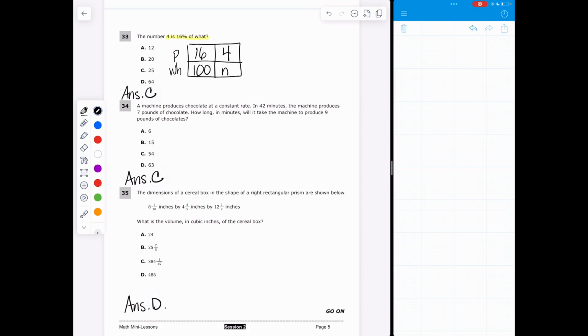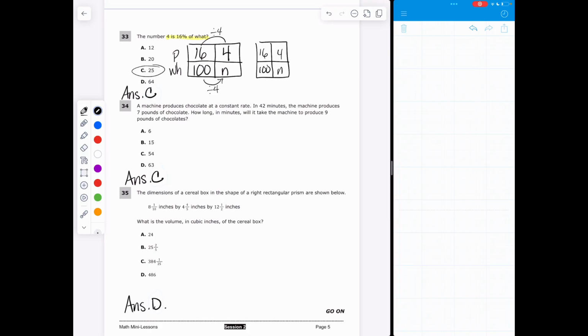So when I'm looking at it this way, I can find a relationship between these two numbers, but I'm not multiplying to get from 16 to 4. I'm actually just dividing. So I could see a relationship of divide by 4 and divide by 4. 100 divided by 4 gives us 25. That is one way we can solve it. If you wanted to do your cross multiplying, it still works.